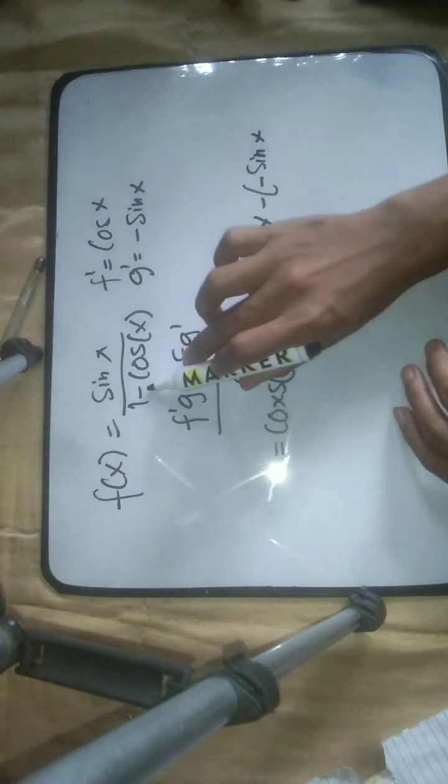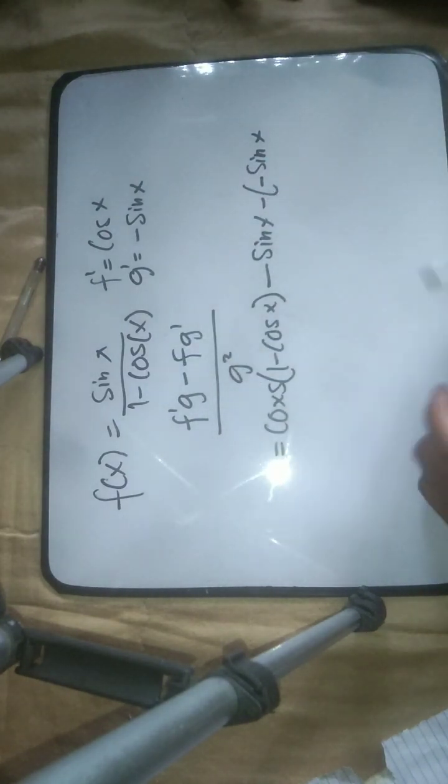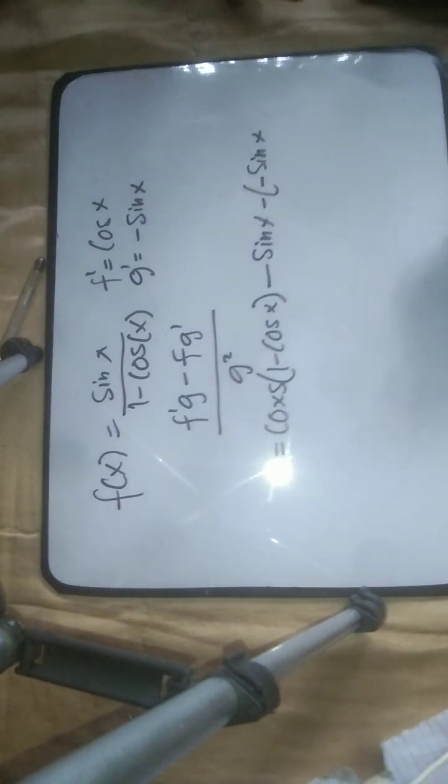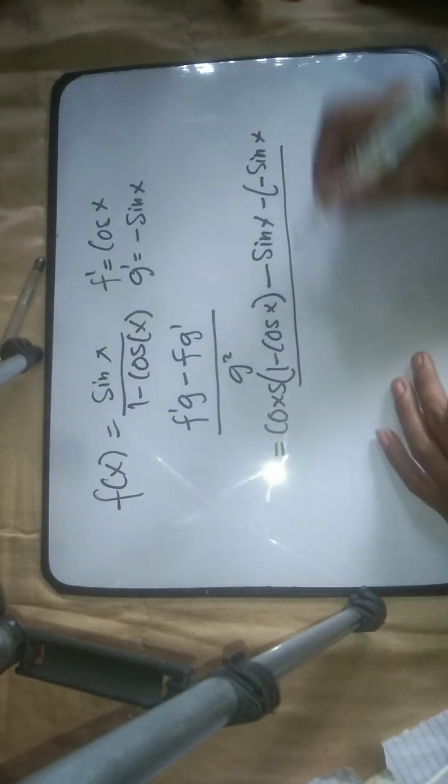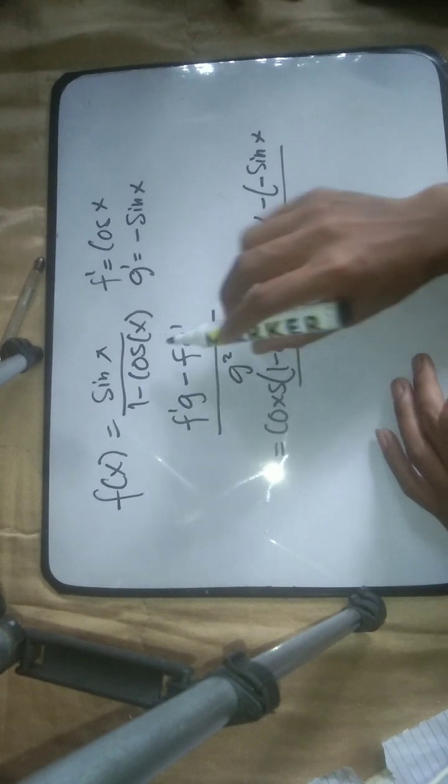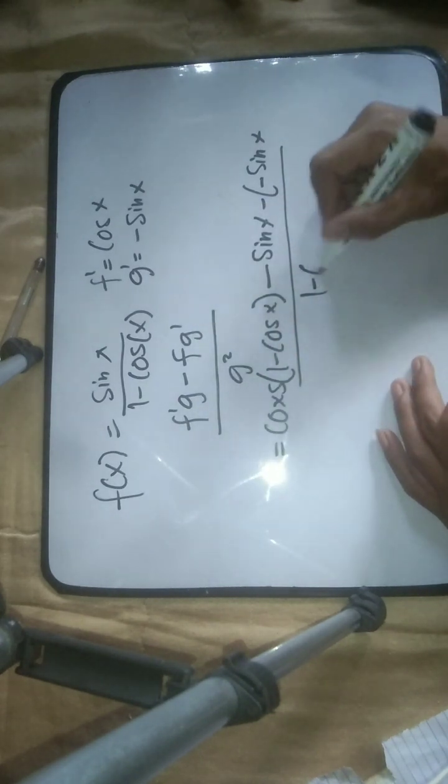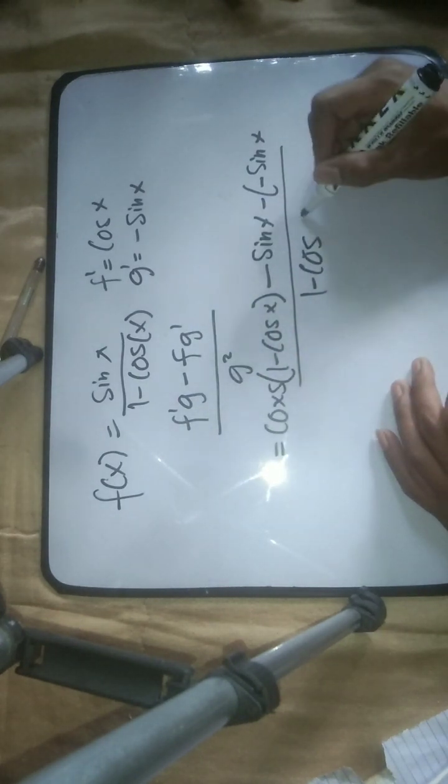Don't forget the negative sign also, over g squared, which is 1 minus cosine x squared.